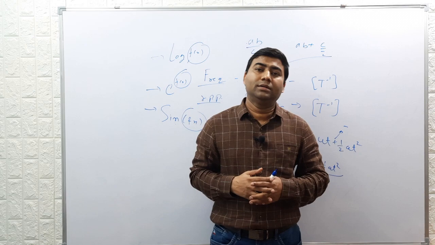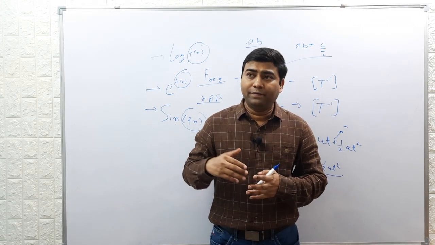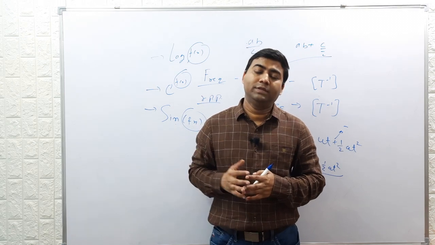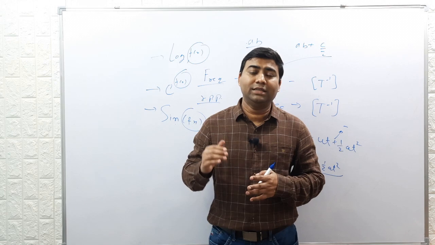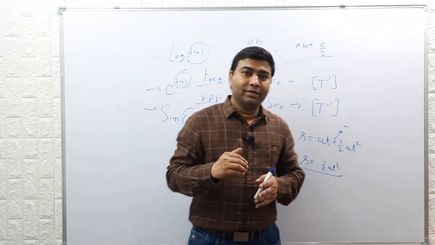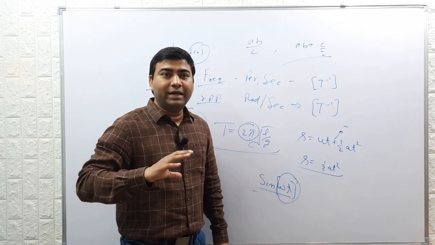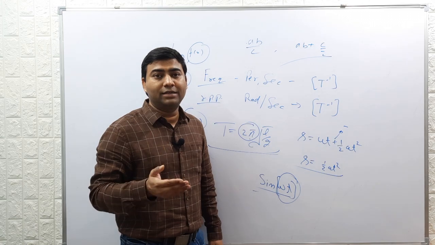Another drawback of dimensional analysis is that after knowing the dimension of a physical quantity, we cannot predict whether this quantity is a vector quantity or a scalar quantity. The dimensional formula cannot give any hint or idea about its nature, that is vector or scalar.